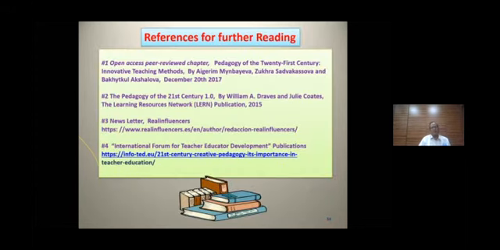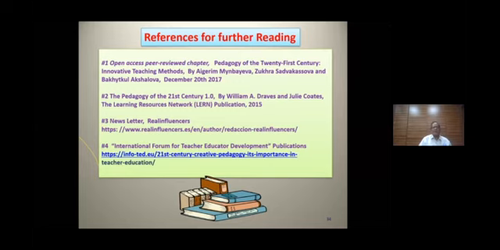Now I have given some references. All these references are very, very important. Out of these, the second reference, Pedagogy of the 21st Century 1.0 by William A. Draves and Julie Coates, is a fundamental book which is useful for 21st-century methods.